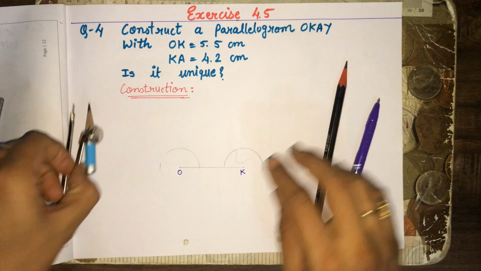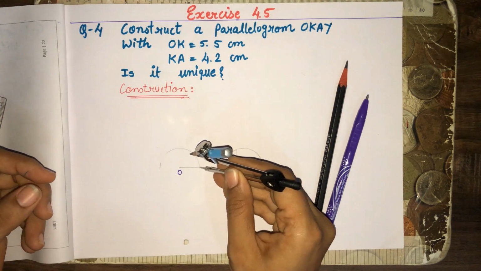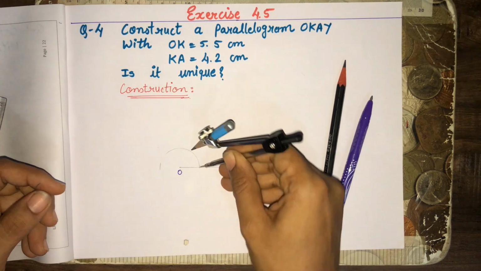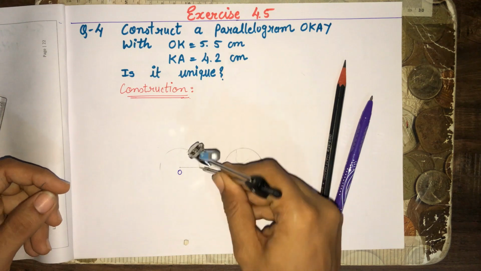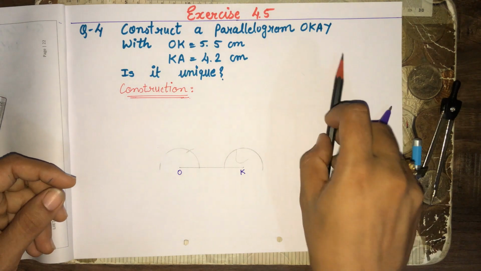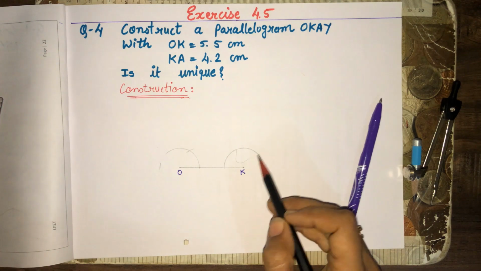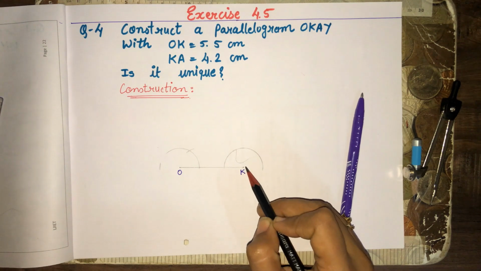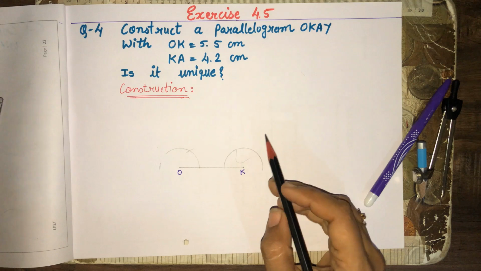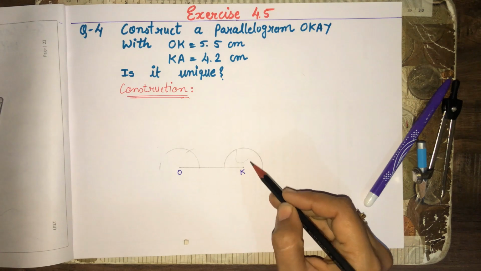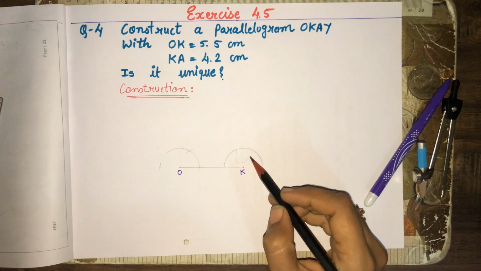Now with the same radius, I'll put one arc from this point of intersection, so this will give me 60 degree. Now at this point K, if I want to draw a 60-degree angle, but because it is a parallelogram, the external angle will be 60 degrees.